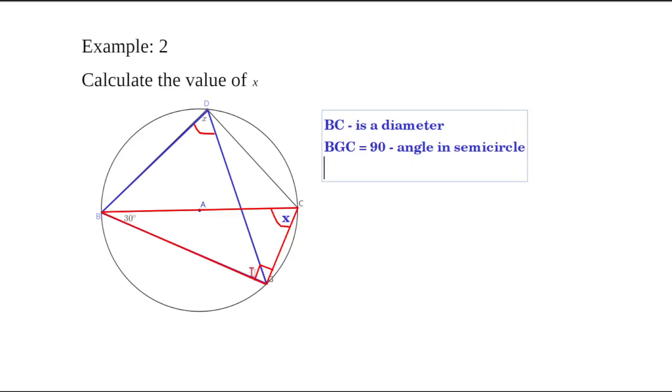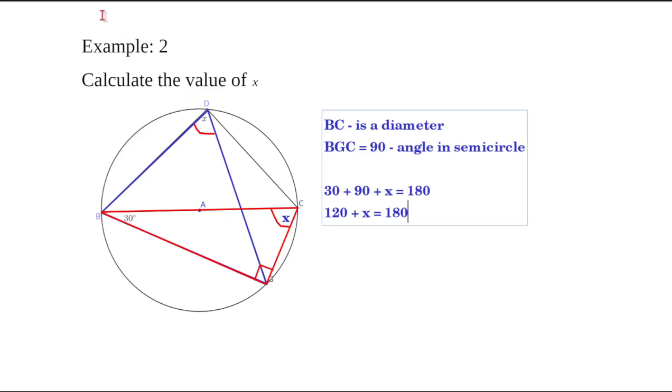Now, if this is 90, this is 30, then we can easily find x using the sum of interior angles in a triangle. Now, how do we find x? So 30 plus 90 plus x should give me 180. Now 30 plus 90 is 120, plus x equals 180.